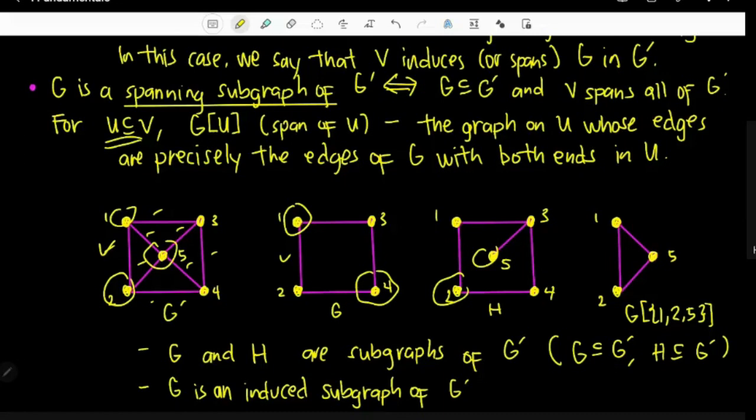So, ang gagawin mo lang, kukunin mo lahat ng edges ni G prime na na-form using vertices 1, 2, and 5. So, lahat ng edges, which are these edges, 1, 2, 1, 5, 2, 5. So, this subgraph, 1, 2, 5, is the span of the vertices 1, 2, 5.